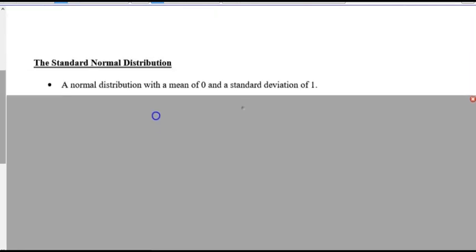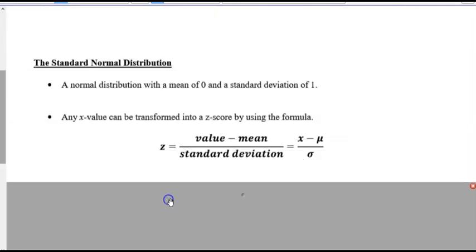All right, so this part should be very familiar from Algebra 2. The standard normal distribution is a normal distribution with a mean of 0 and standard deviation of 1. We already said that. Any x value can be transformed into a z-score. And the z-score is what we're going to use to find area under the curve. Now, your Algebra 2 teacher might have said actual.